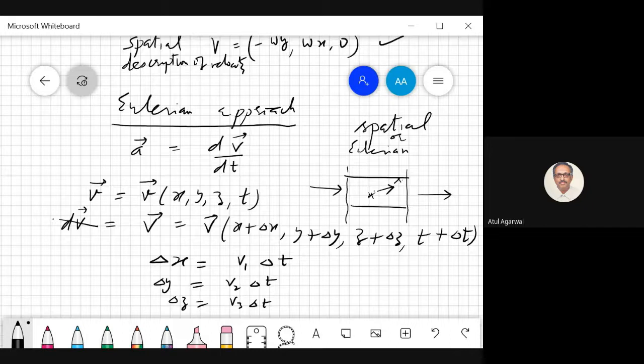You say your velocity vector is... Any problem? No, sir.